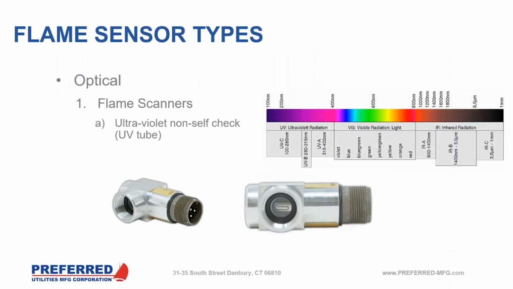Now, if we get into the UV scanners, which are really the most common right now in our industry, you're going to see two different types. You're going to see the UV non-self check, and you're going to see a UV self check. And we'll discuss that in length later. But if you look at this particular scanner, you're going to see that it has a UV tube.